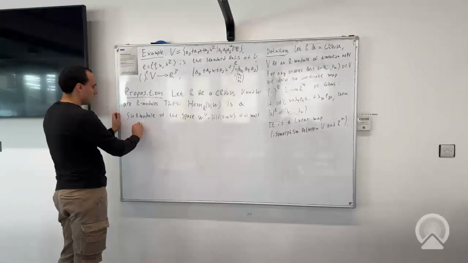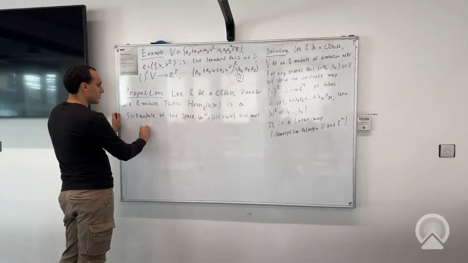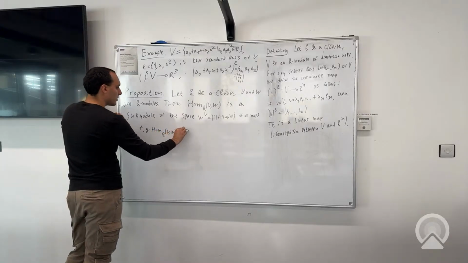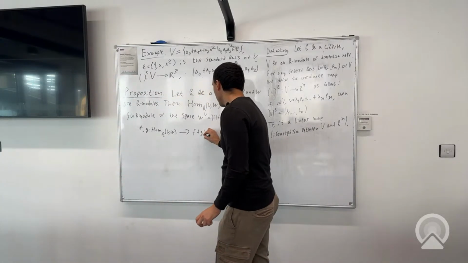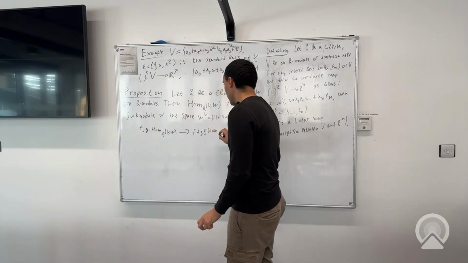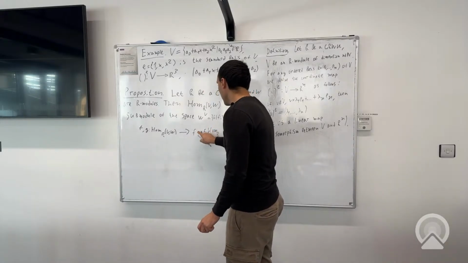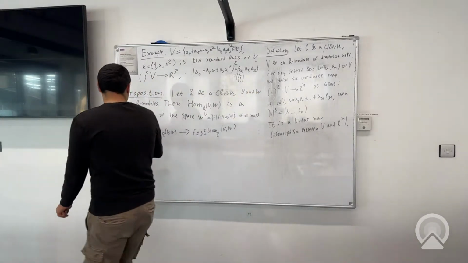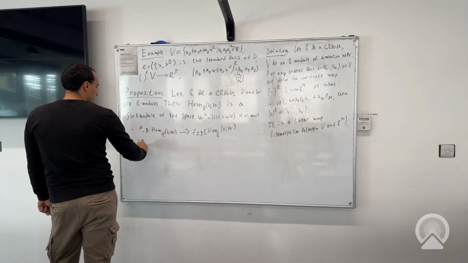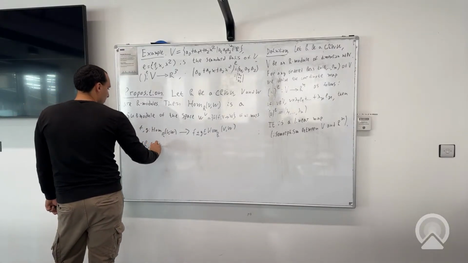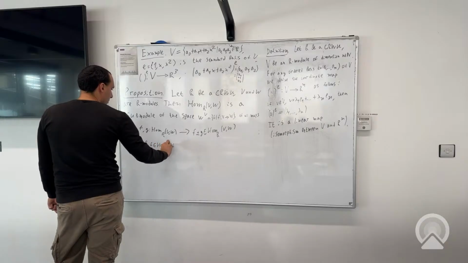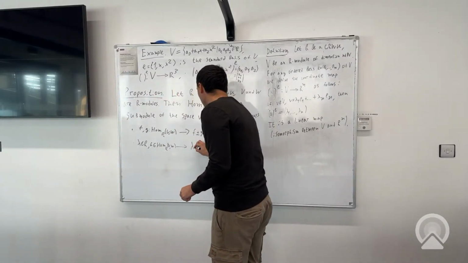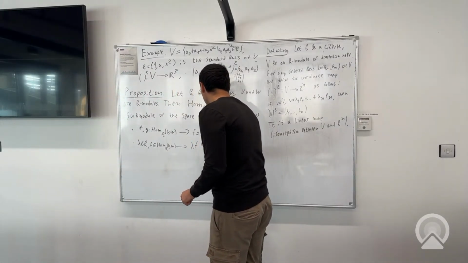If f and g are linear maps, then f plus g is a linear map. f minus g, doesn't matter. And if lambda is a scalar and f is a linear map, then we can multiply the map by a scalar. It's also a linear map.